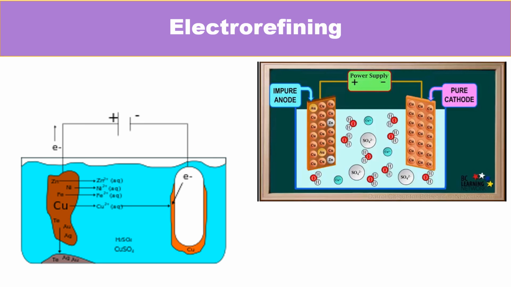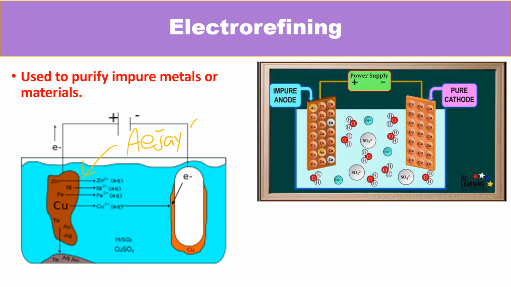Sometimes people use this electroplating technique to purify stuff. So for example, let's say this is AJ's statue. Copper statue. That's worn out, it's really old, we gotta refine it.